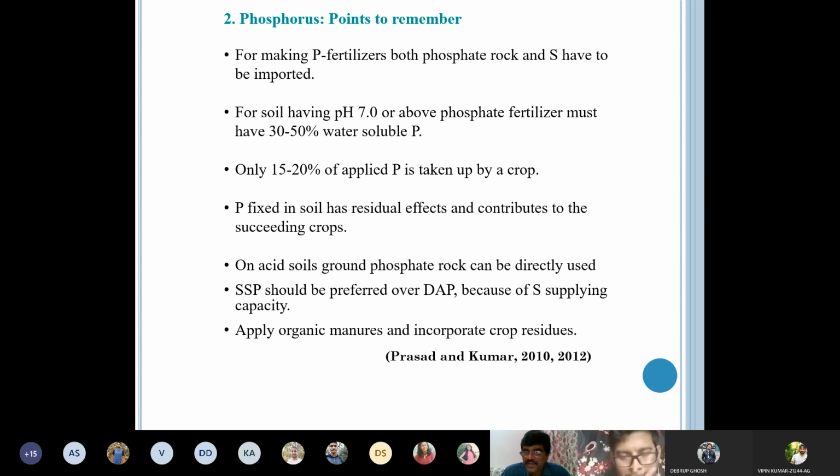A lot of spurious material was there in the market. So there was no response. Farmers disliked it, because it was not doing anything. So they are switching over from SSP to DAP because of that. Apply organic manures and incorporate crop residues. That will also give you some phosphorus.